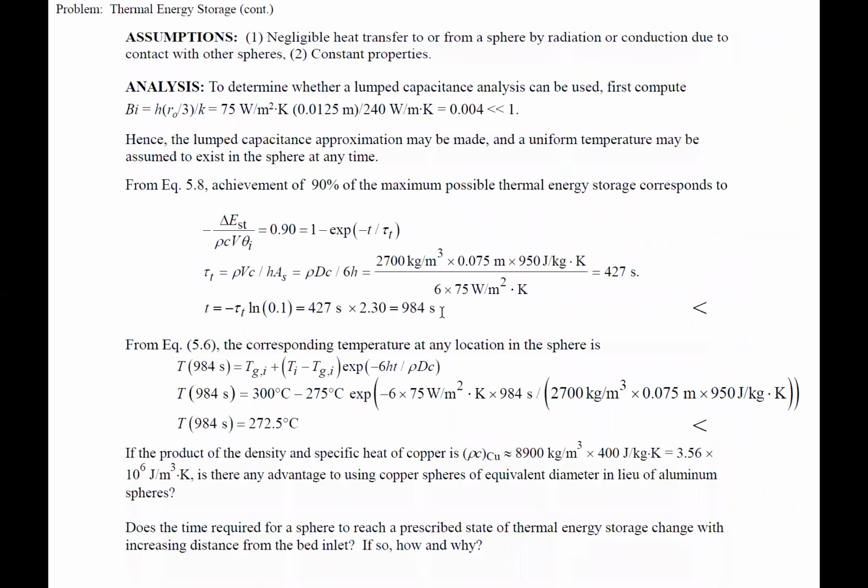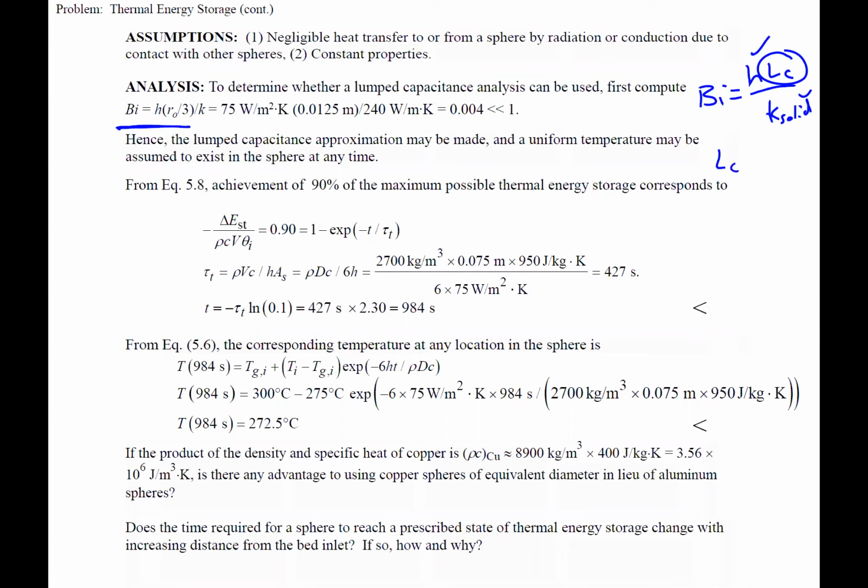All right, so first off, we'll check the Biot number, which is h L characteristic over the thermal conductivity of the solid. We have h, we have k, and for a sphere, the characteristic length reduces to radius divided by 3.